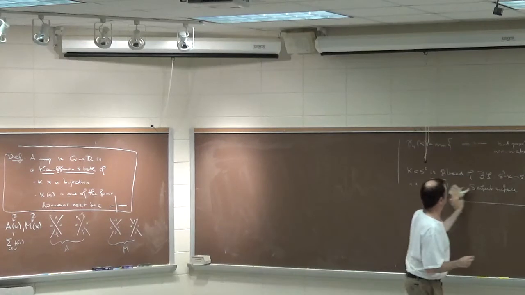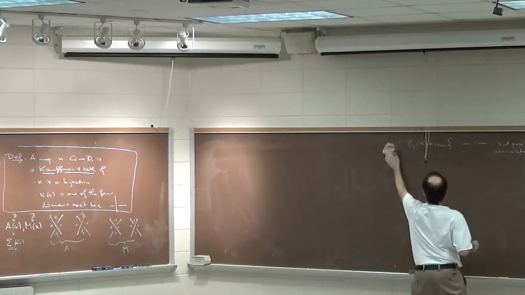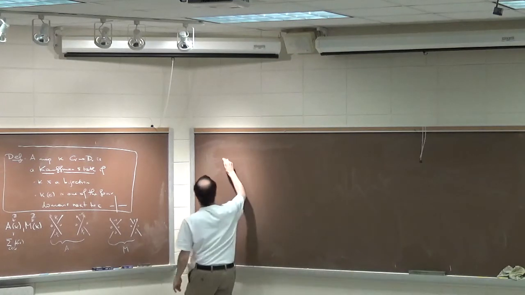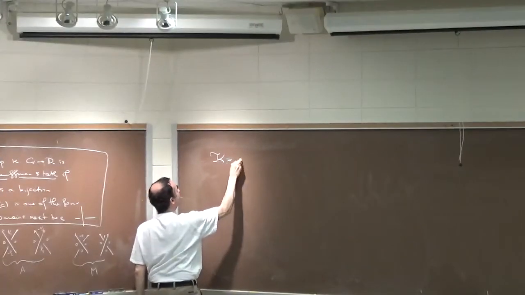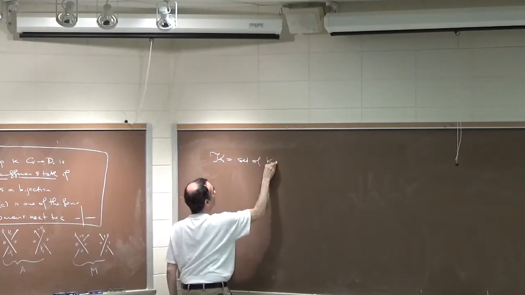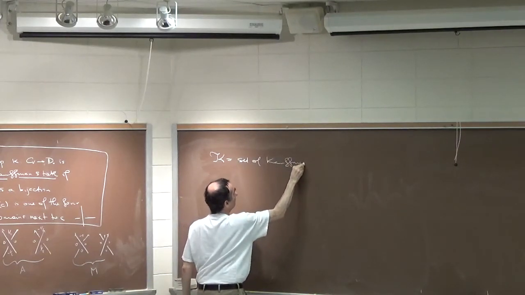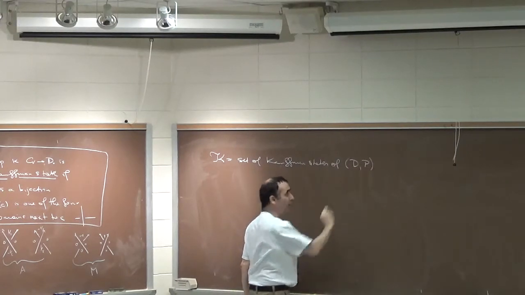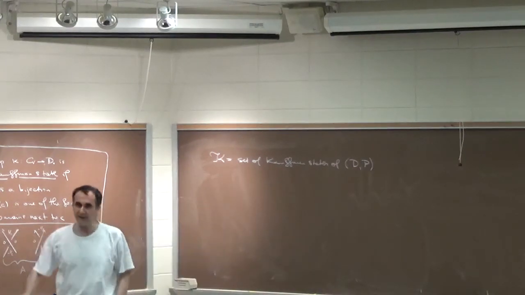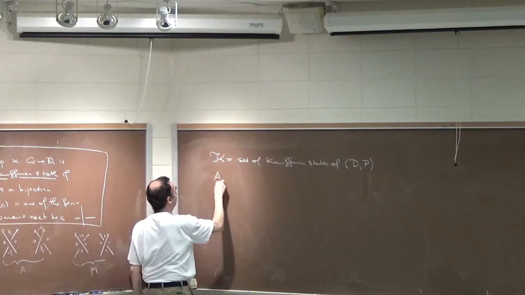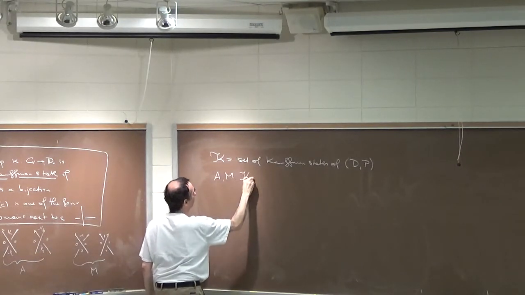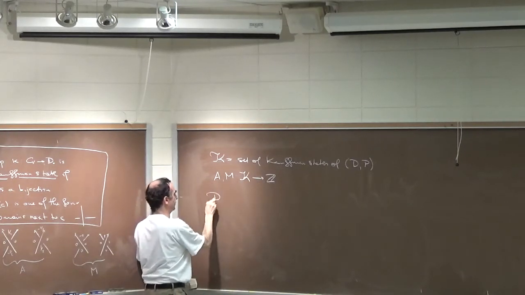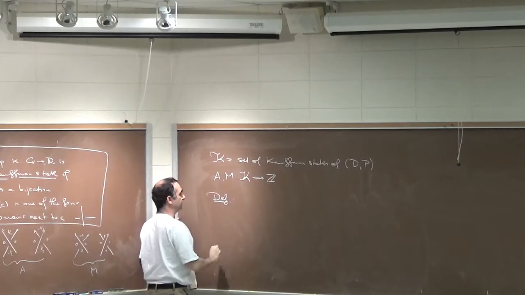So if the set of Kauffman states of the decorated or marked projection, the marked diagram D, is denoted kappa, then we have A and M, two maps from it to Z. And then the definition of the Alexander polynomial is very simple.